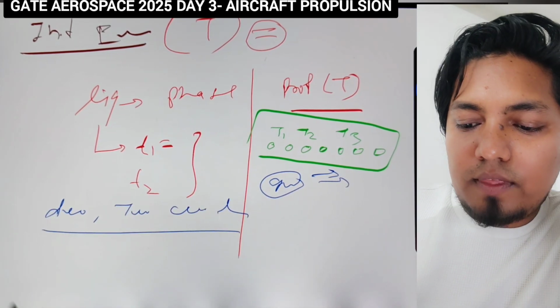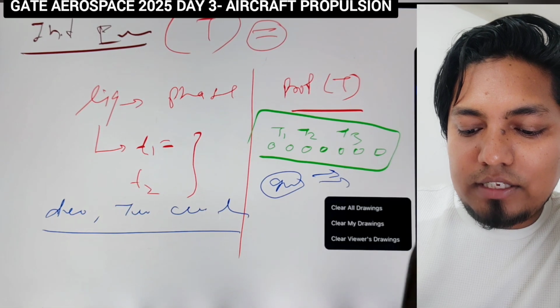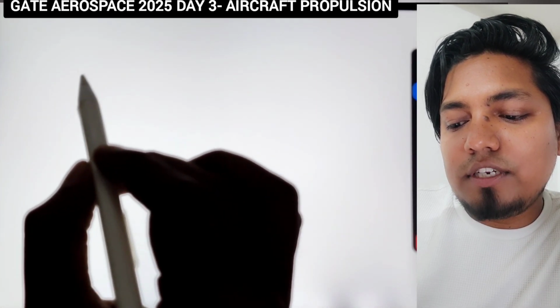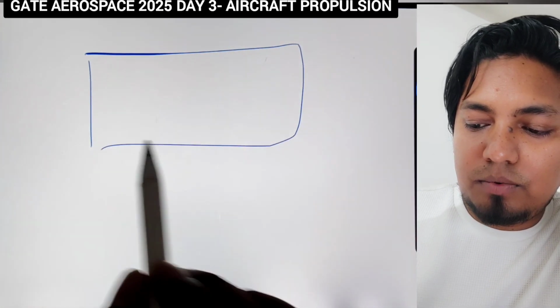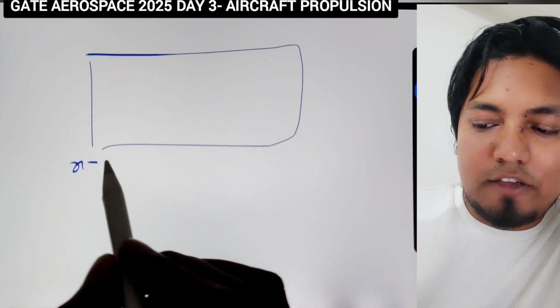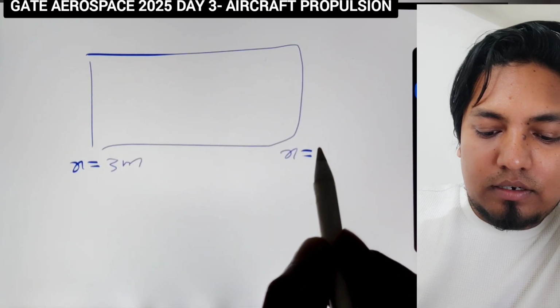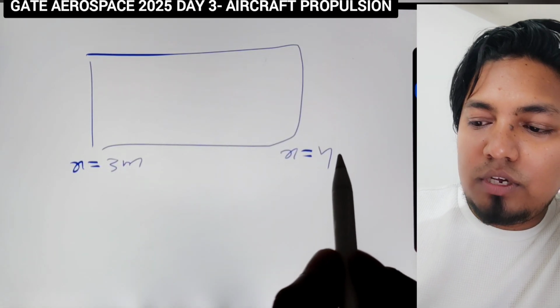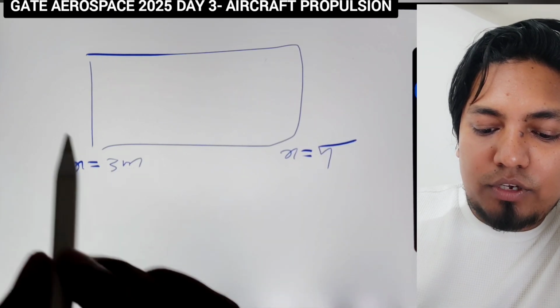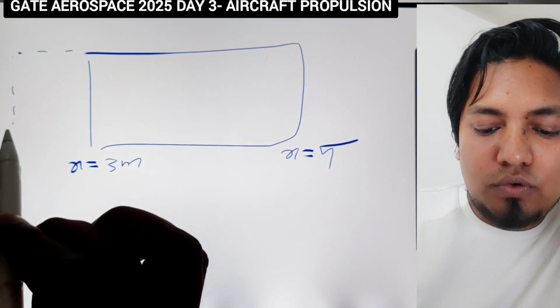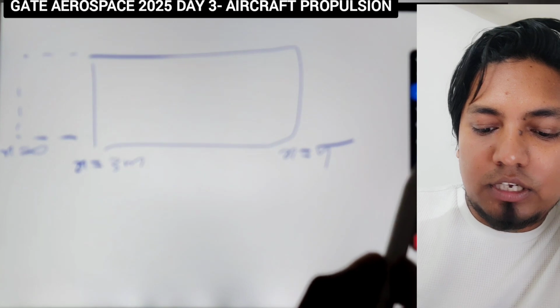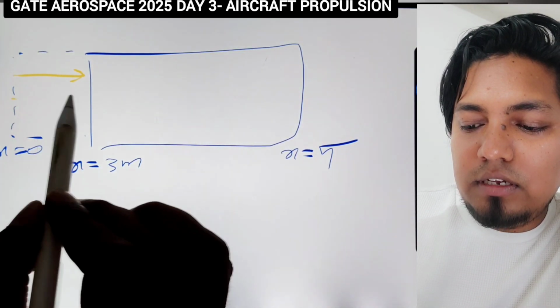So suppose here you have distance x equal to 3 meter, and here x equal to 5 meter, and here x equal to 0. When you travel from 0 to 3, you find that everywhere the temperature is T. But after 3 you reach 5.